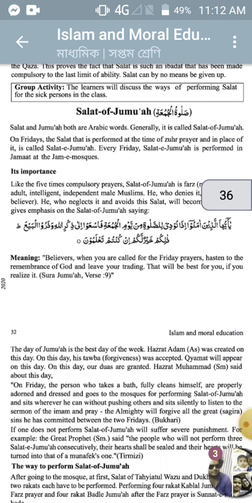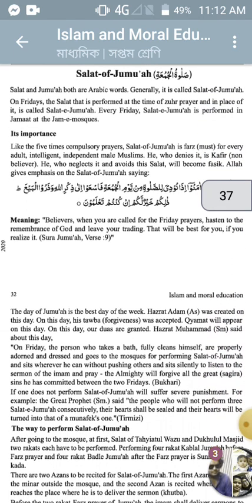Now we'll discuss salat of janaza. Salat and Salatul Janaza both are Arabic words. Salat and Juma both are Arabic words.